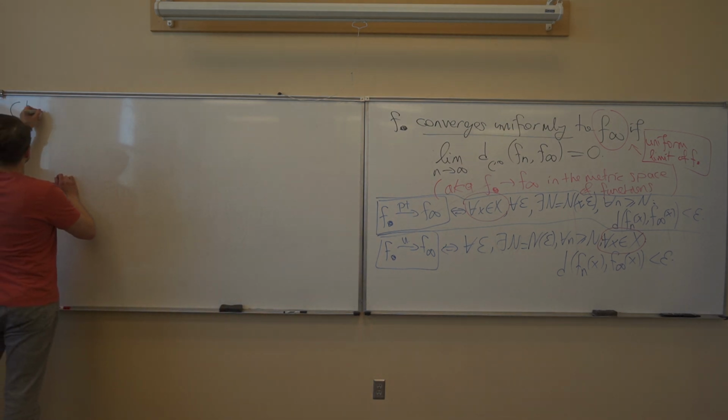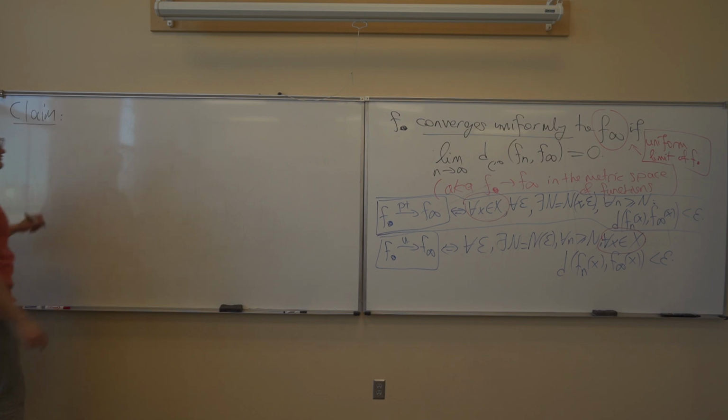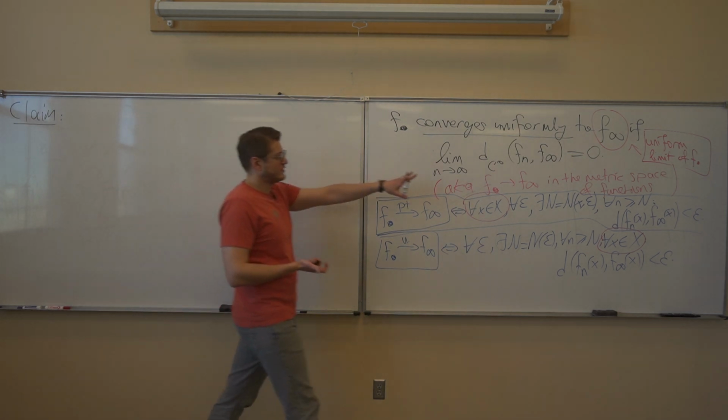Claim, in the same setting as the definition. So I have two sets, X and Y, and there's a metric d on Y, so that I can talk about the C0 distance.